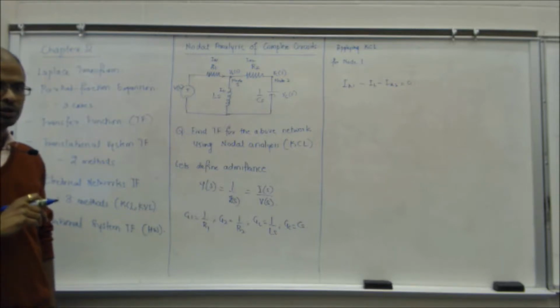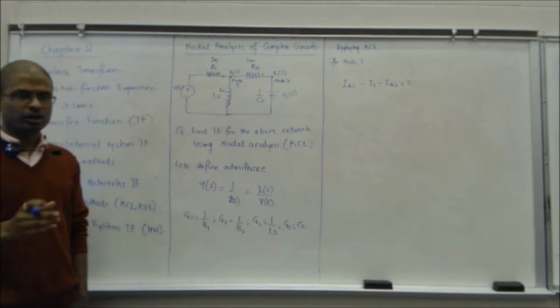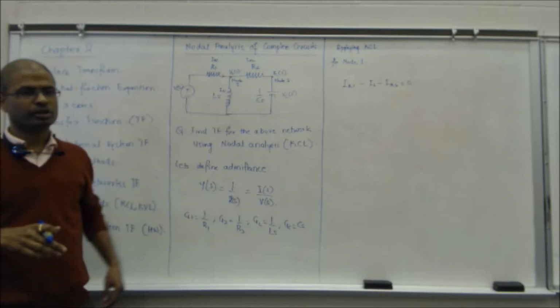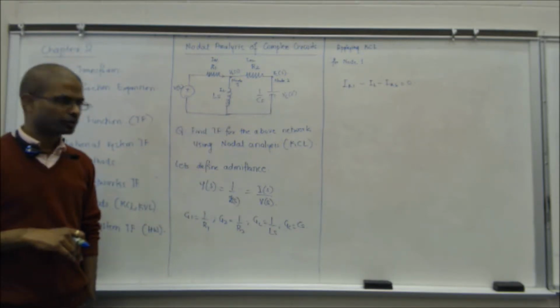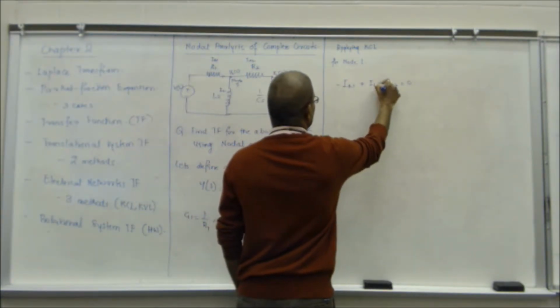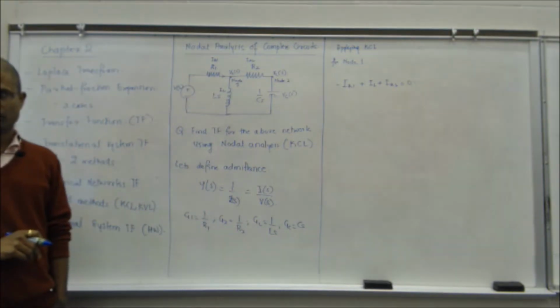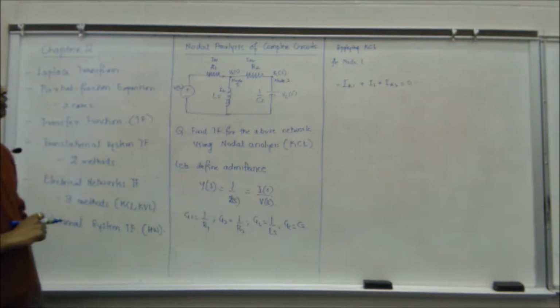You can do it either way. If you want to do it going out positive, the equal sign will take care of it. Nothing changes because the right hand side is 0. So what is the current flowing through R1?